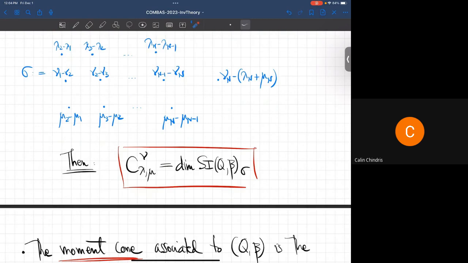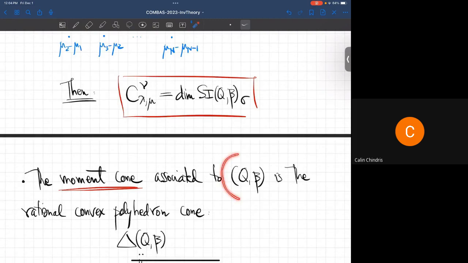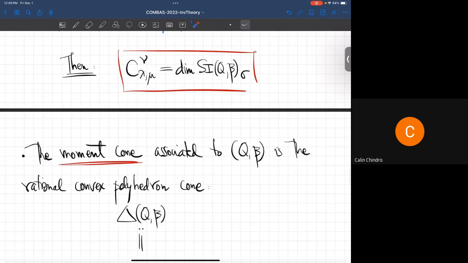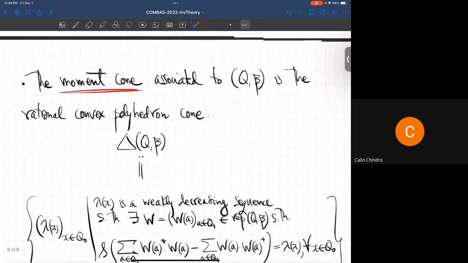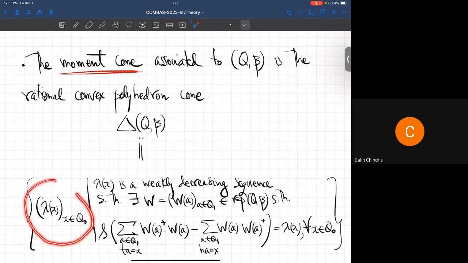Before I move on, let me introduce one other object, which I hope to have time to say something about. So if you have a quiver Q and a dimension vector, the moment cone associated to this pair Q beta is defined to be the following rational convex polyhedral cone. It consists of all tuples of weakly decreasing sequences.